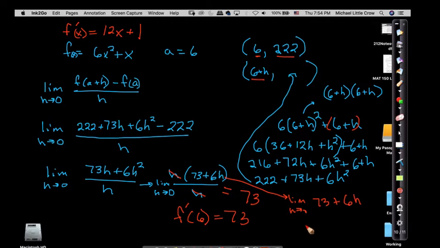And then we use that stuff from section 10.4 where we could say, okay, this is continuous, so we can do this algebraically. So it just becomes 73 plus 6 times 0. We let h become 0, and so our answer becomes 73.